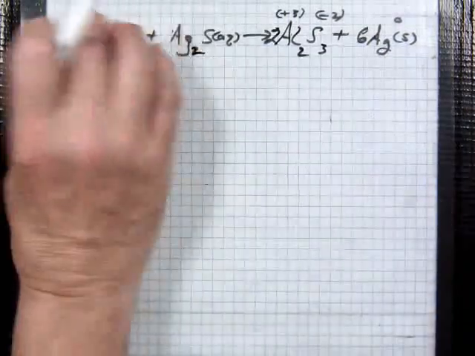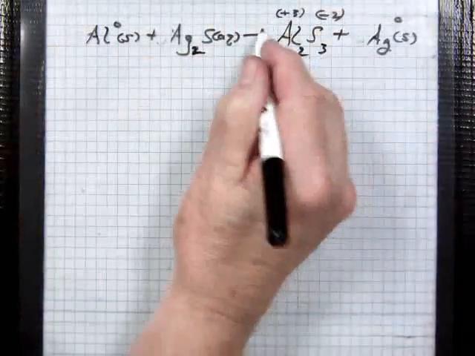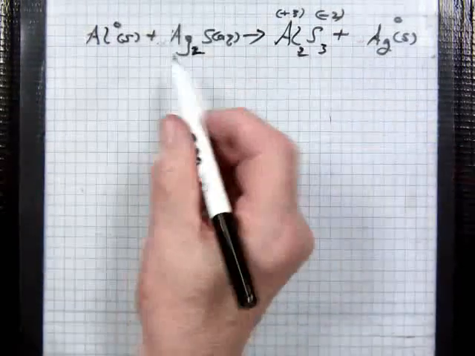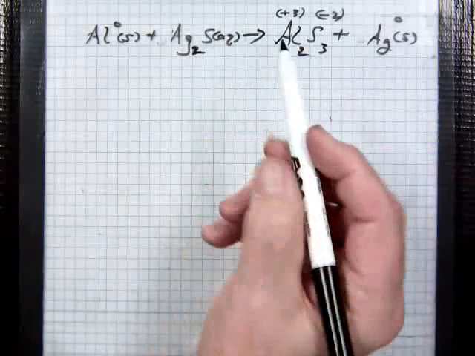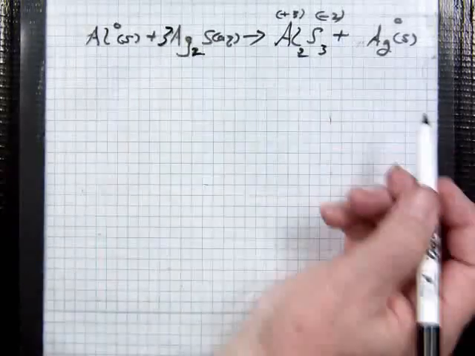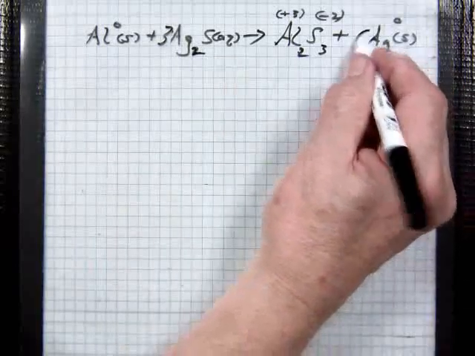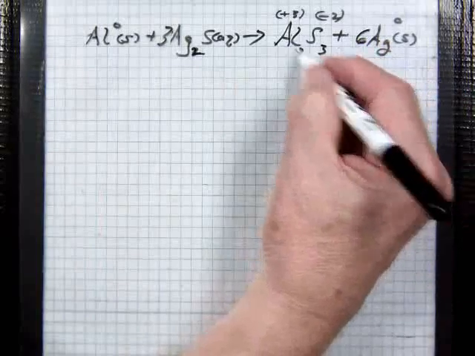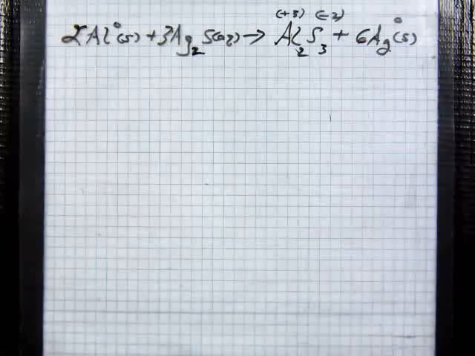Well, that's inspection for you. Let me try that again. That's the nature of the beast. Let's start with the sulfur, 3. Get the silver: 2 and 3 is 6. I've got 3 sulfurs, 2 aluminums. Now we've got it. Just takes a second sometimes.